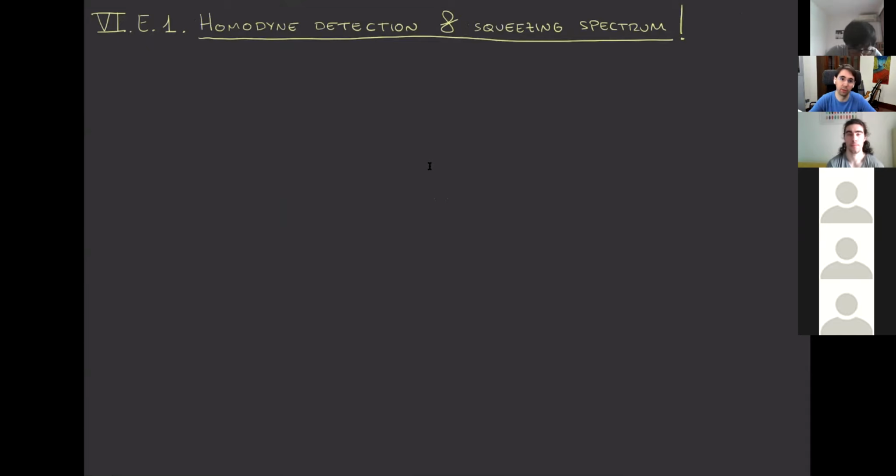So let's see if I can draw the picture properly. What we have done so far is the following. We have essentially our source, which is an open system, and we have some kind of field that is leaking out, and we were calling this the output field.